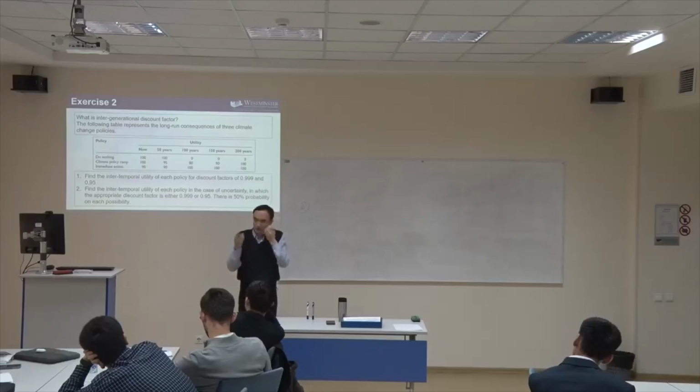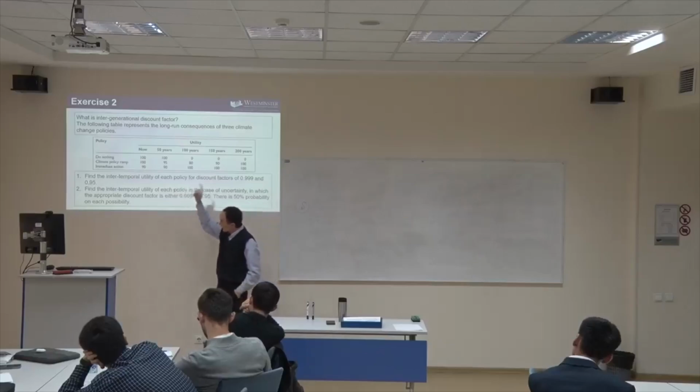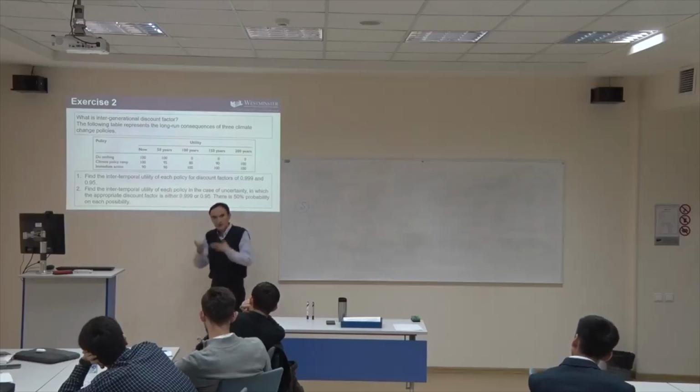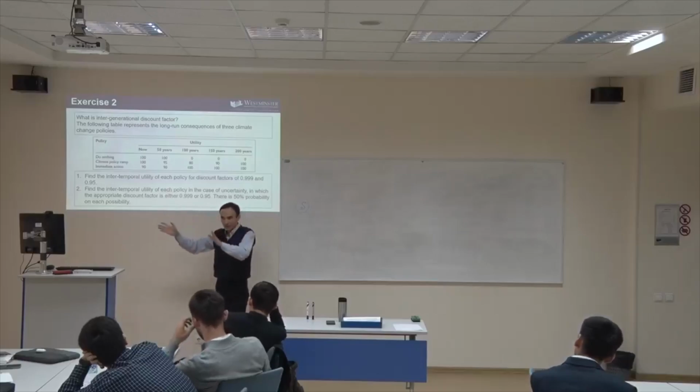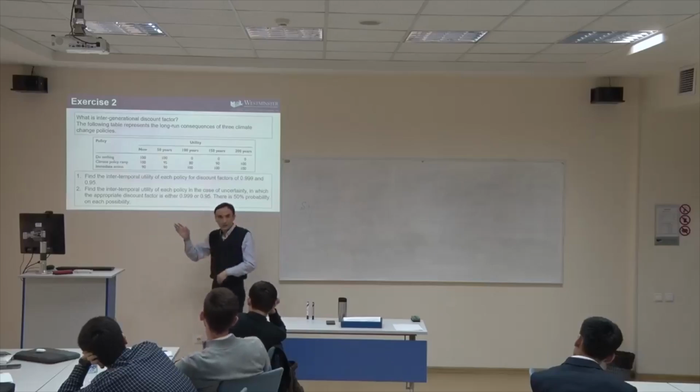Okay? So now, students, we are considering 3 types of policies: do nothing, climate policy ramp, and immediate action. Do nothing means we don't care at all. We maximize utility now. We produce at maximum level in all capacity, and we drive whatever environmentally unfriendly cars, whatever.